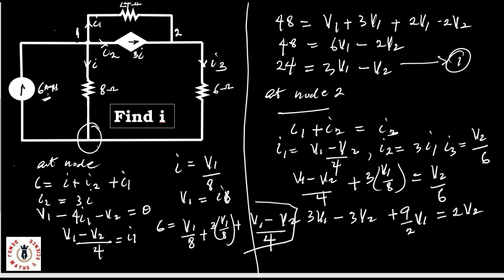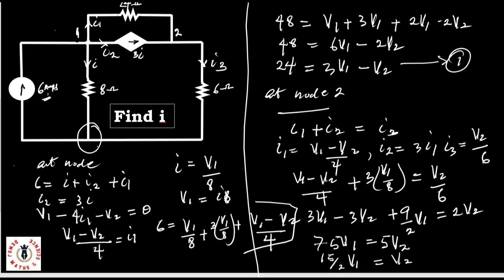So this is 3V1 and this is 9 over 2, which is 4.5. That's 4.5 plus 3, that's 7.5 V1 is equal to, collecting like terms, 3V2 goes to the other side and becomes 5V2. 3 plus 2 is 5V2. Now I can interpret my 7.5 as 15 over 2 V1 is equal to 5V2.